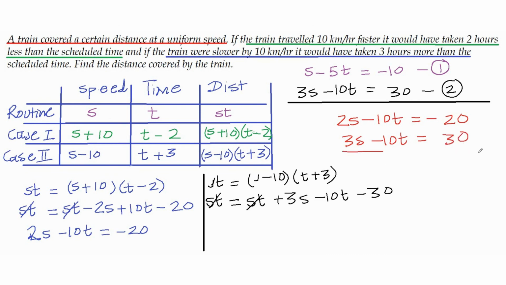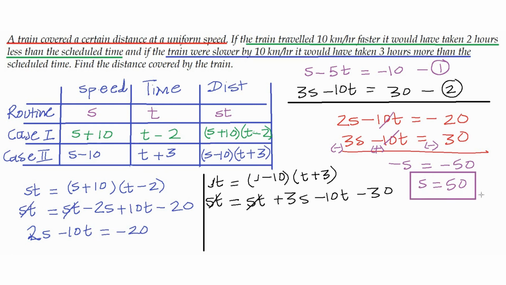Now when I subtract, this negative term turns into a positive term. This becomes negative and this also becomes negative. So 2s minus 3s is minus s equals, minus 10t plus 10t cancels, so minus s is equal to minus 50, which means s is equal to 50. So therefore I can say that the speed is 50 kilometers per hour.